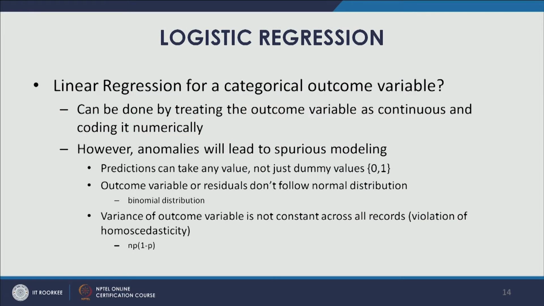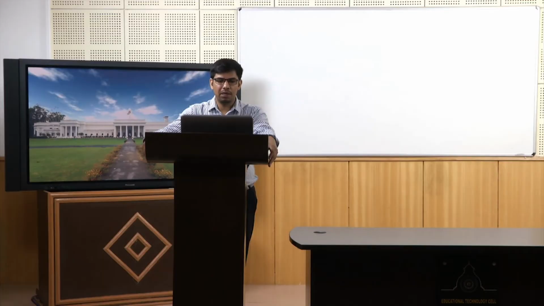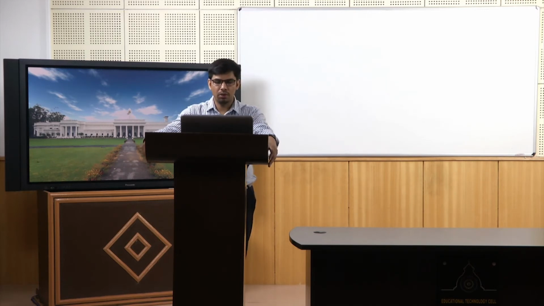However, there are going to be anomalies that would lead to spurious modeling. So what could be some of these things? Number one, predictions can take any value, not just dummy values. For example, take the binary logistic regression model that we have been performing on some of the data sets. There our outcome variable typically has two classes, class 1 and class 0, and the dummy variable takes the values 0 and 1.